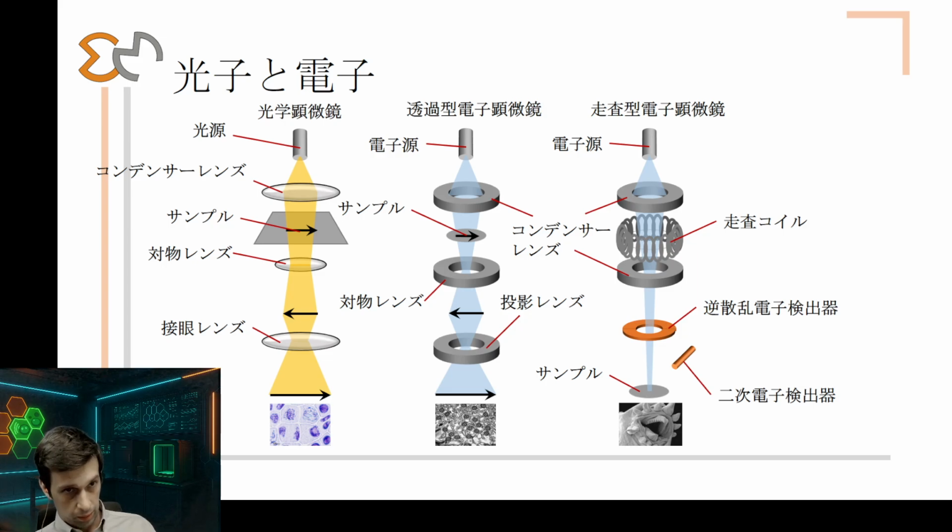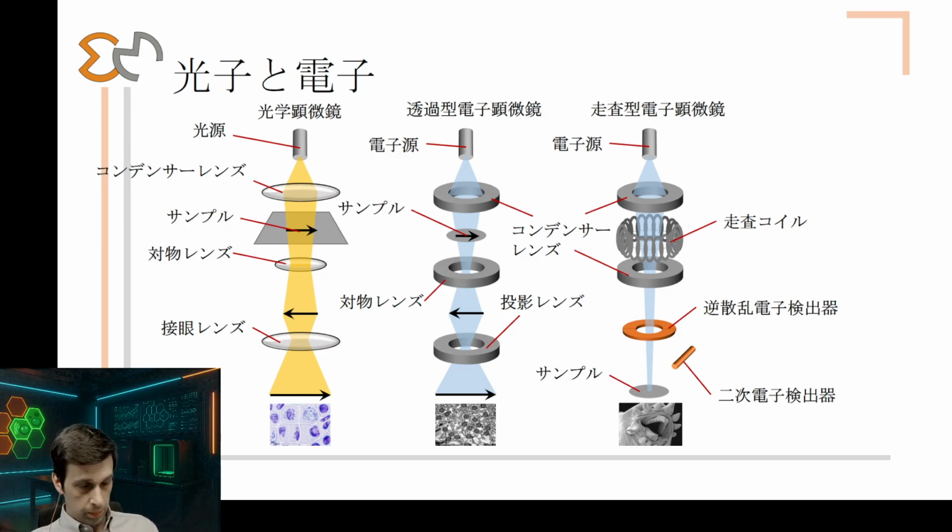For the scanning electron microscope, and for the reflection light microscope, the light is shined on the sample, and then the light that comes back as reflected is collected by another lens, and it goes to generate the image.